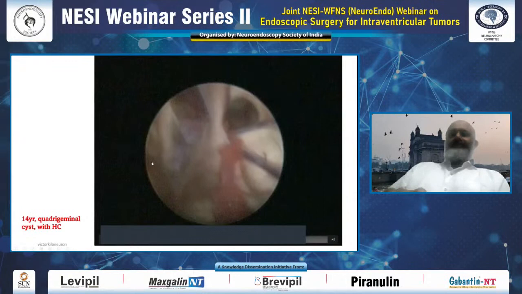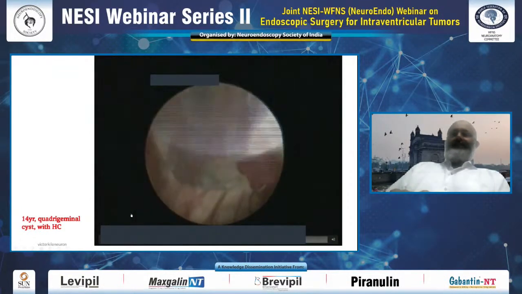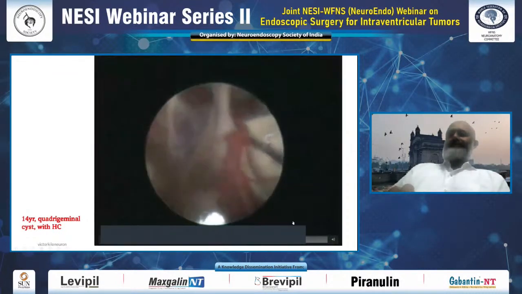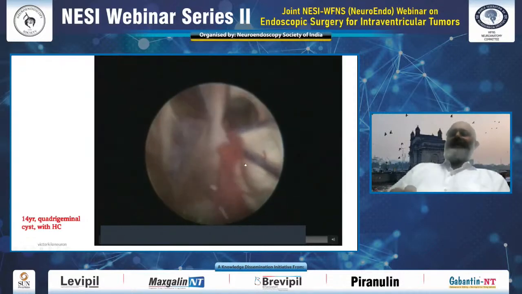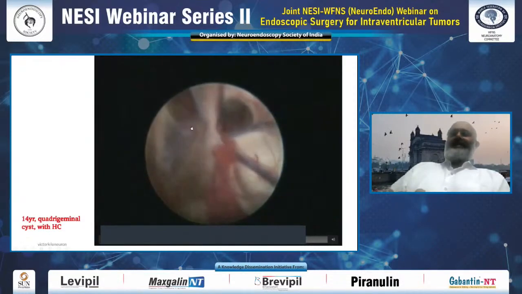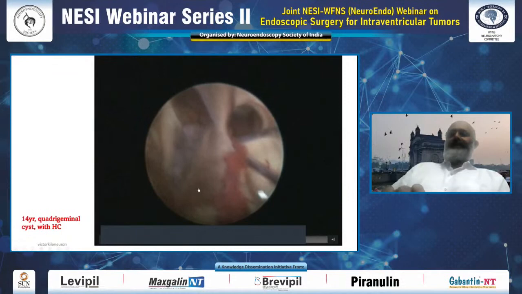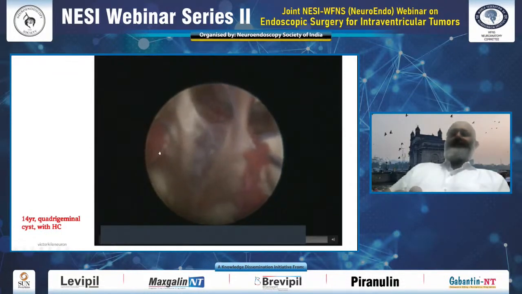This is an inspection of the ventricular system in a 14-year-old with a quadrigeminal cyst with hydrocephalus. You can see in this patient, we have entered the right ventricle, and because of an absence of the septum pellucidum, you are able to see both the lateral ventricles.